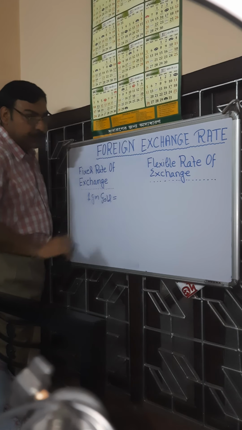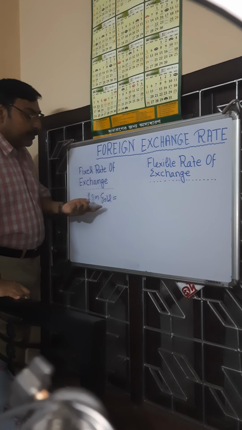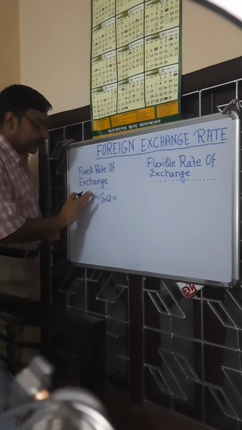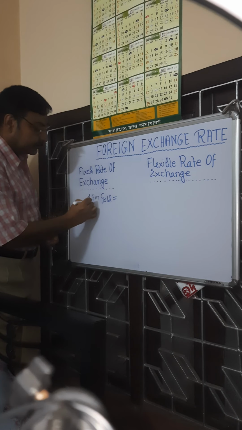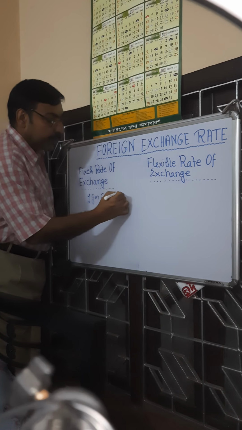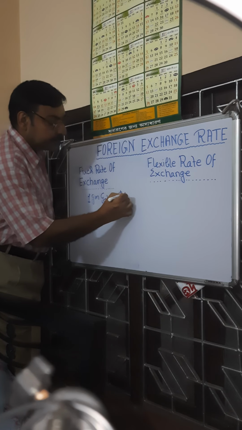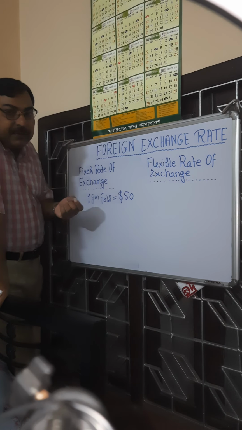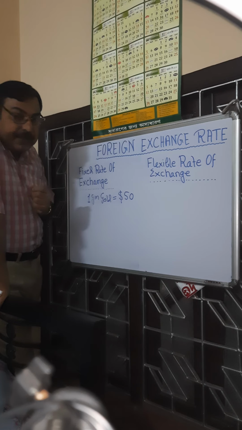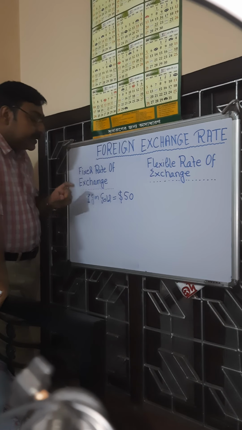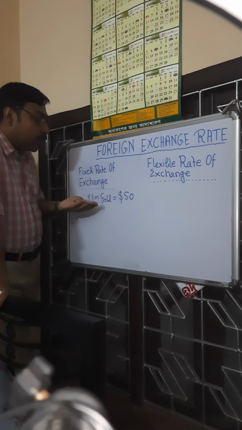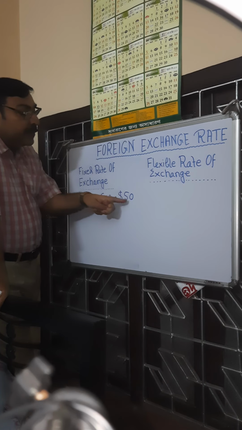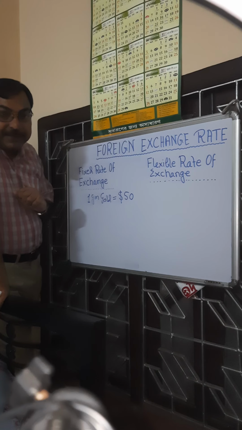Suppose we are considering the price of gold in USA, their currency is dollar, and it has been observed that 1 gram gold is available with $50. To purchase 1 gram gold, $50 to be sacrificed.